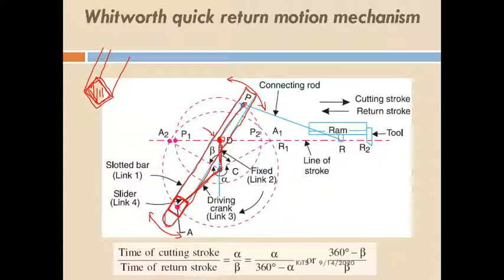And from that point on the slotted bar, there is one more link, the connecting rod. One end of the connecting rod is hinged on point P. The other end of the connecting rod is hinged on the ram. Okay.